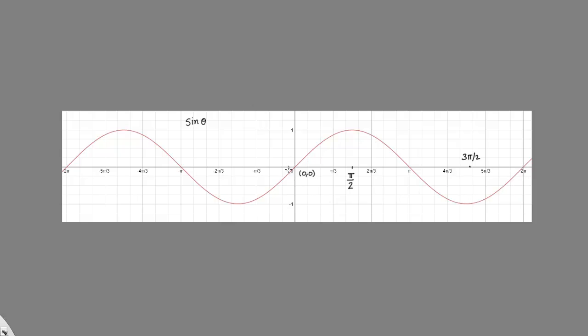You can see the same thing happening in the negative direction. So this is minus pi by 2 here. It takes value of minus 1. Then at minus pi it takes value of 0. And then it becomes positive right here.